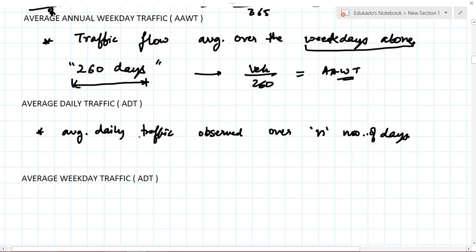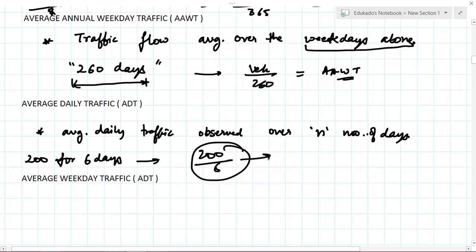Now this n is not considered as 260 or 365. For example, for a week I have been observing some amount of vehicles passing by, so I can just use this average daily. How do we calculate that? For example, if there are about 200 vehicles passing by and I calculated this for about 6 days, then the average daily traffic will be 200, the number of vehicles, divided by 6. That's all. So this is ADT.